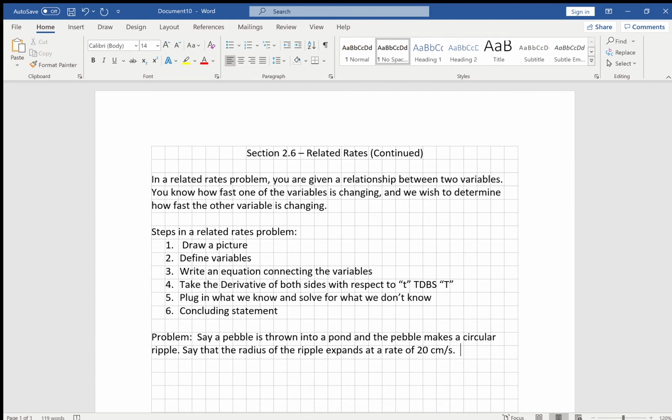The question we want to ask is this: how fast is the circular area enclosed by the circular ripple increasing when the radius is, let's say, 30 centimeters?